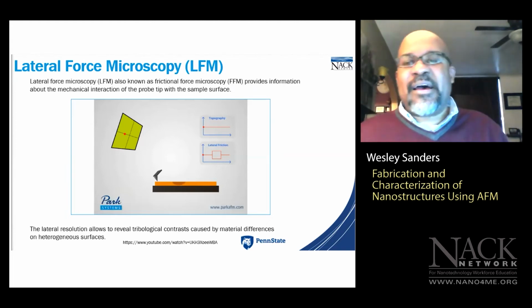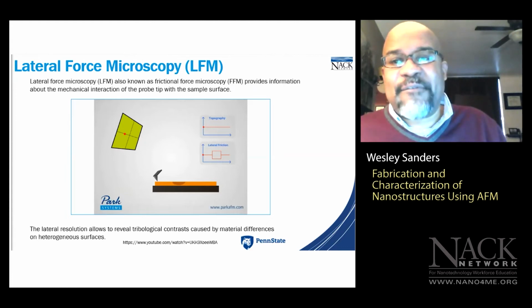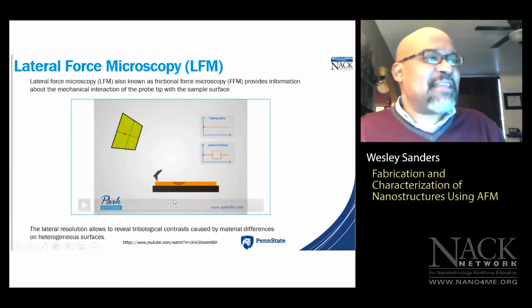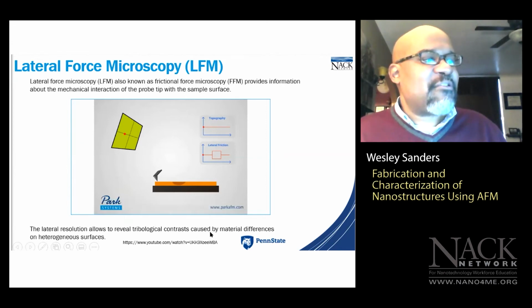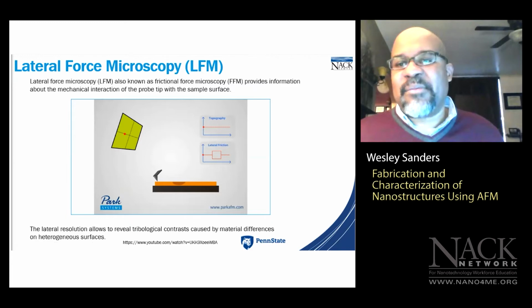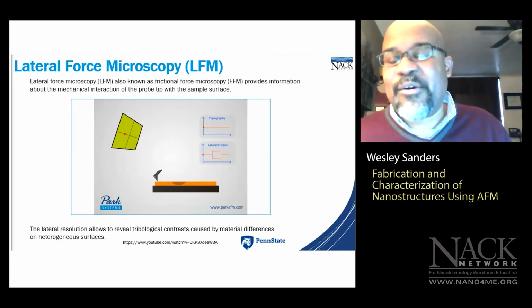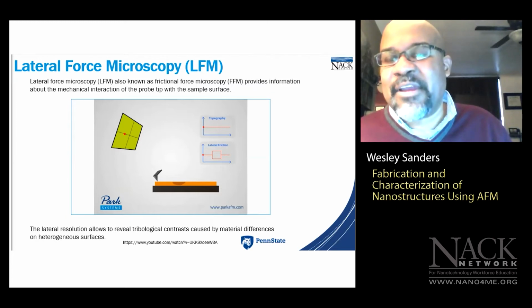So one of the major advantages of lateral force microscopy is that it takes advantage of differences in friction across our sample surface in order to characterize material differences, right? So let's say, for the sake of argument, you have a block copolymer containing polymethyl methacrylate and polystyrene.